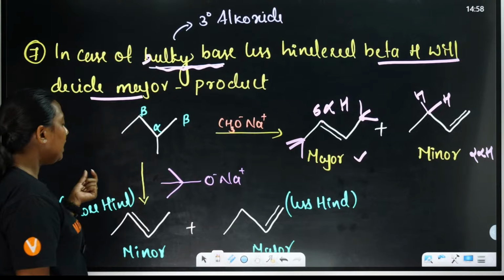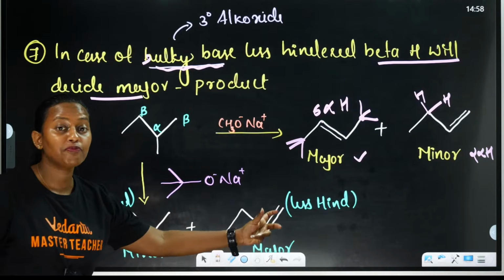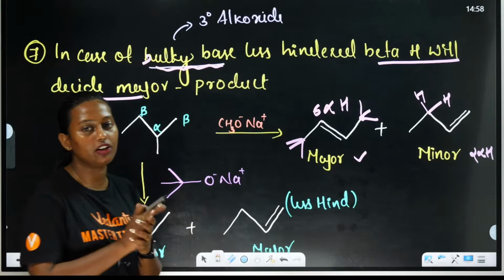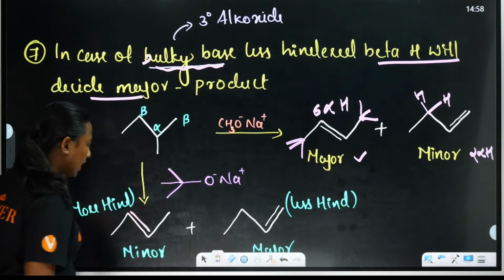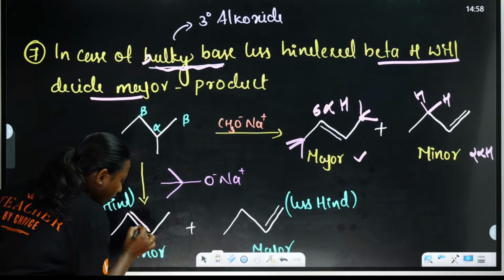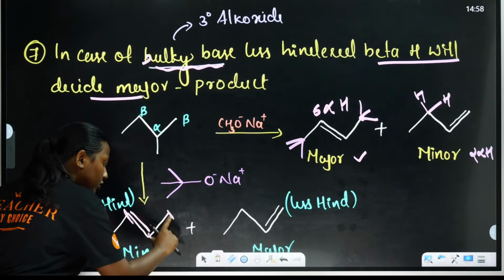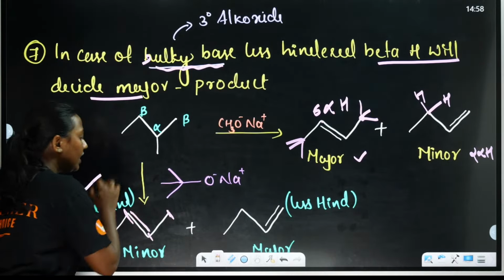Which one is less hindered? Which one contains the less hindered beta hydrogen? Consider this one. Here there is a group, here also a group, so it is a bulky group and it is a more hindered hydrogen.